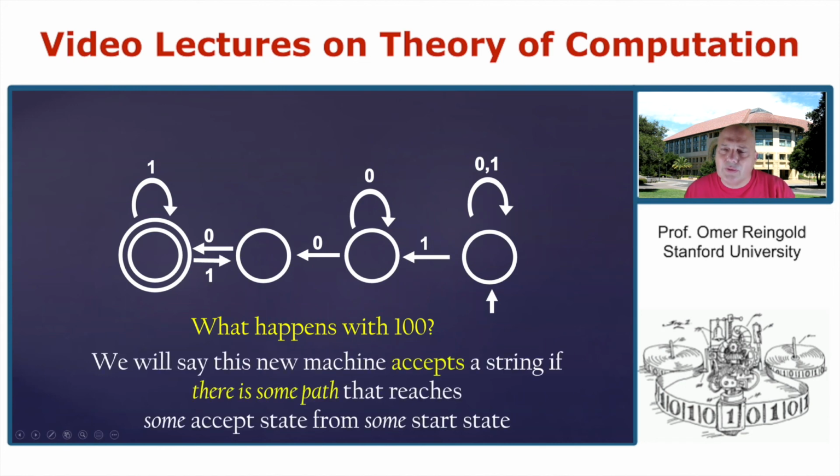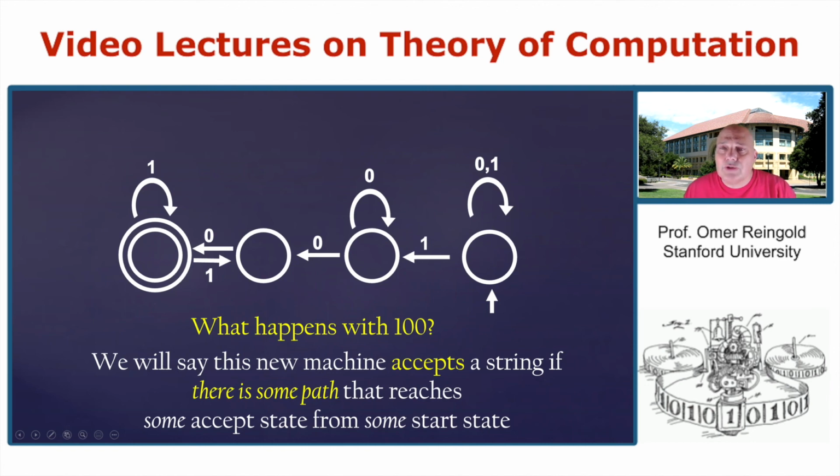So we need to define the notion of accepting a little bit differently, and we will say that the new machine accepts a string if there is some path that reaches some accept state from some start state. It's true that some ways of doing the computation, like here, when you start with 1, stay put, and then stay put with 0 and 0, will make you reject.